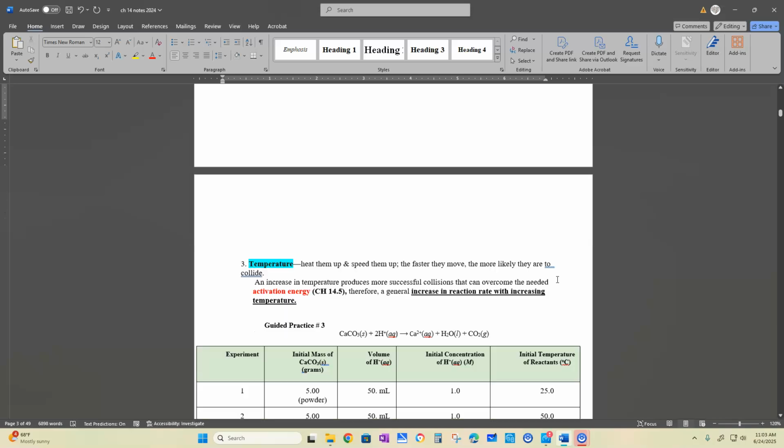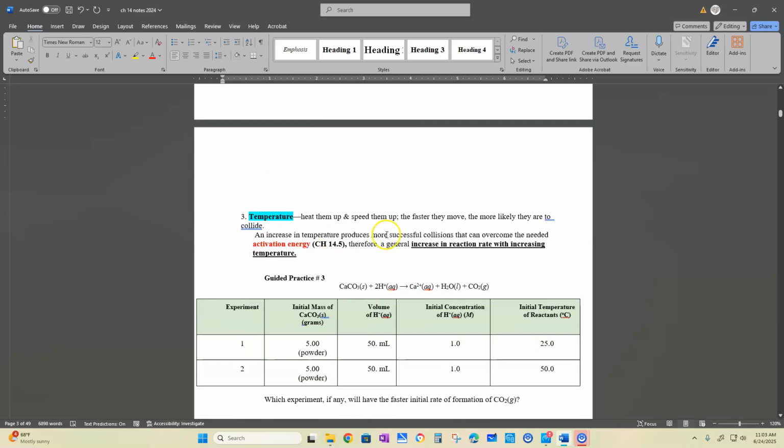So now, what's the big one? Temperature. Heat them up, speed them up. The faster they move, the more likely they will collide. Temperature is always the one that we try to heat up the most. It is usually our first criteria of what we want to do to make something faster. So if you increase temperature, what are you gaining?